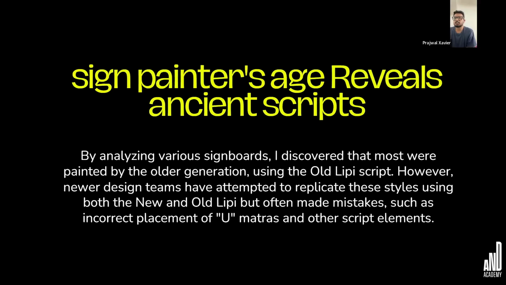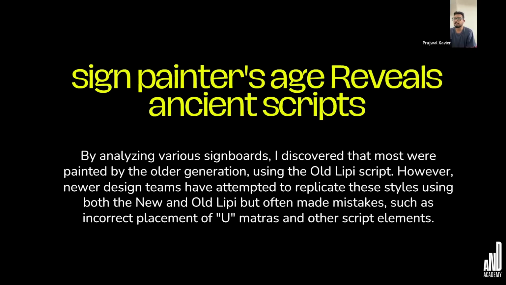Also, one of my findings from my type work is that the sign painter's age will be a factor for this kind of thing. Most of my type work is held in Kochi, Kerala. Here we have two kinds of scripts, old and new. Nowadays, most designers and shop owners are more into digital signages, maybe acrylic signages, neon signages, etc. Only very few people are still doing hand painted signages or signboards, and they will be in the age range of 45 plus.